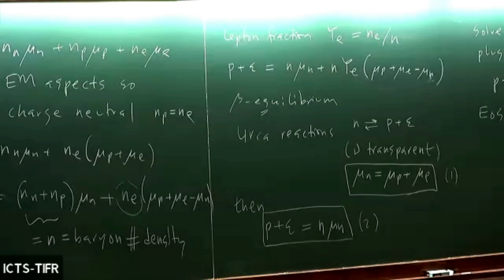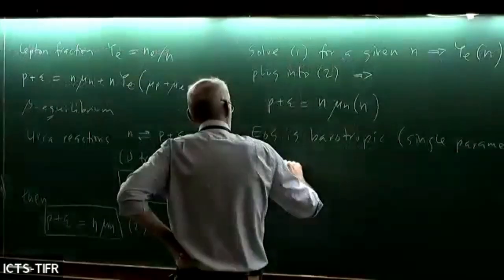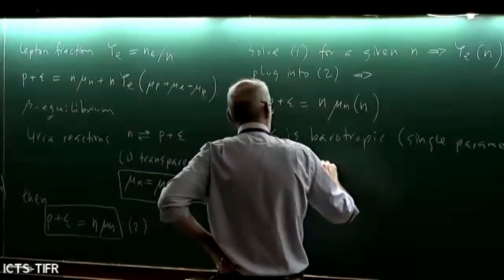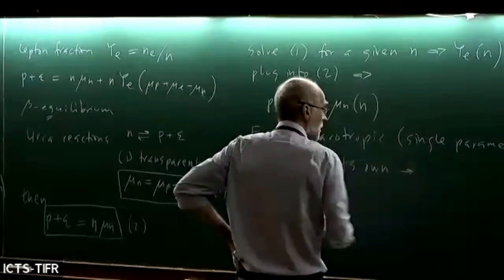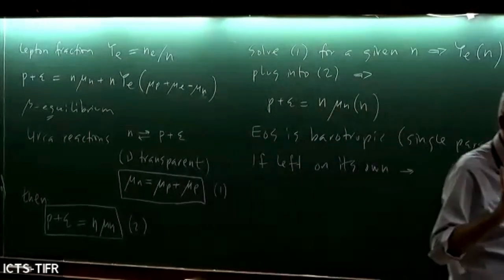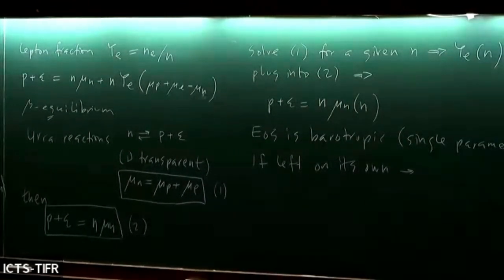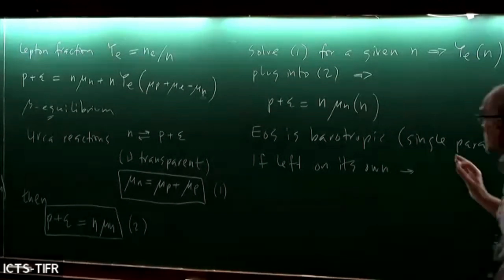So if we have a neutron star, and we leave it, nothing happens to it, it's just sitting there, probably getting a little bit bored because nothing happens to it. It's going to evolve to this.